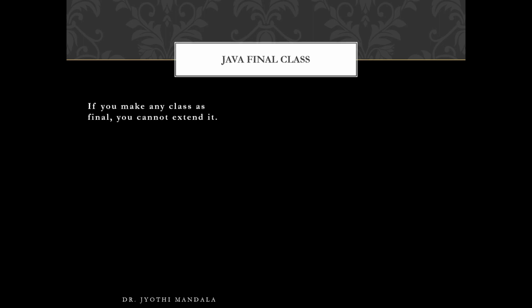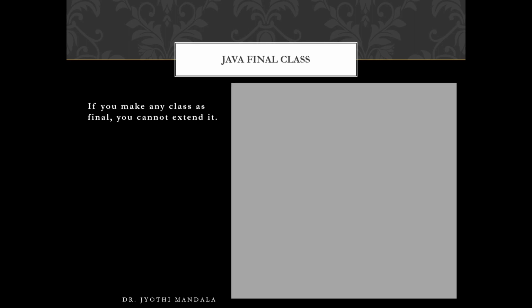So if you make any class final, then that class cannot be extended. That means you are restricting inheritance here, and the properties available in that class cannot be used by any class.